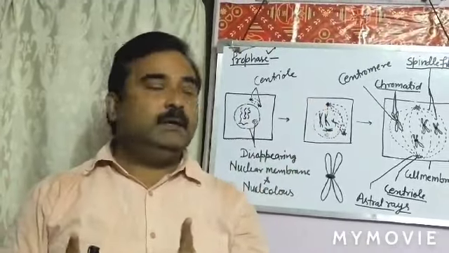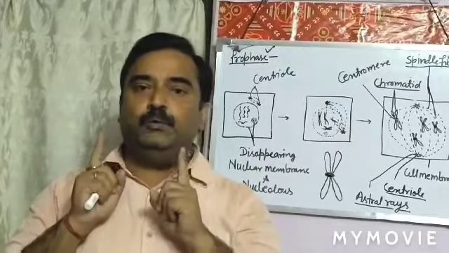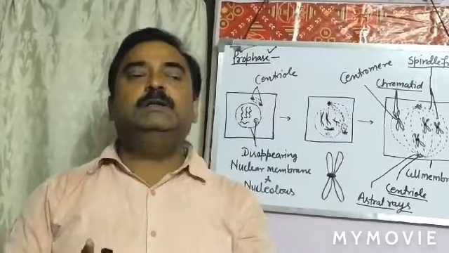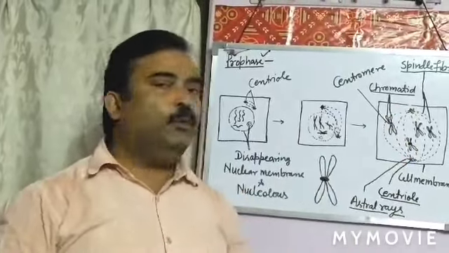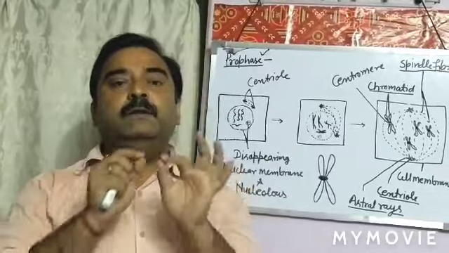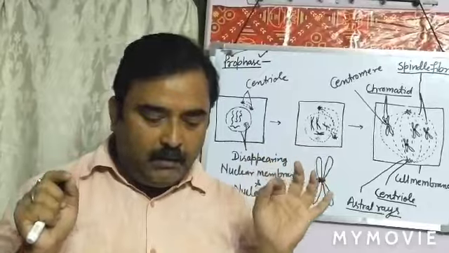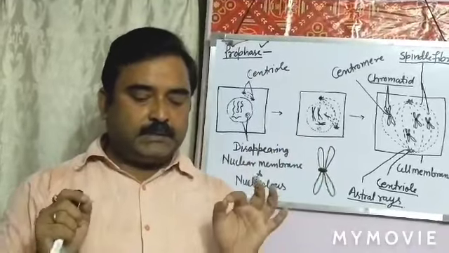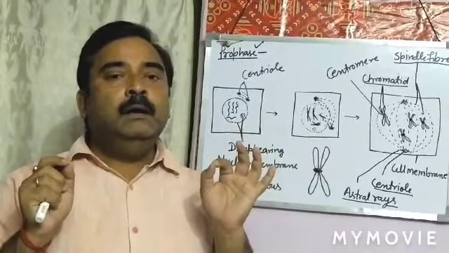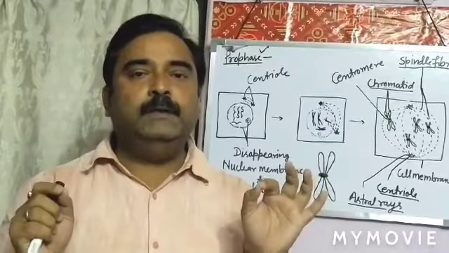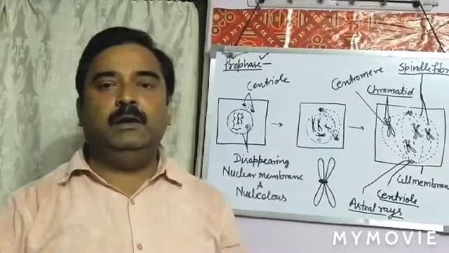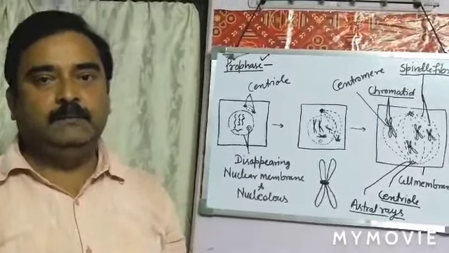The centrosome, if it is an animal cell, is split and produces two centrioles. These centrioles move to the opposite poles, and in between the centrioles there is a fiber-like structure called the spindle fiber. So this is the end of the prophase stage, and now the cell enters into the metaphase. Clear?